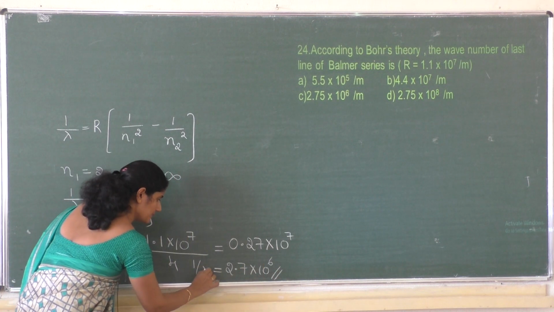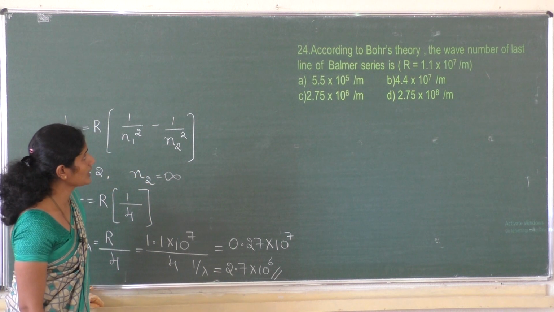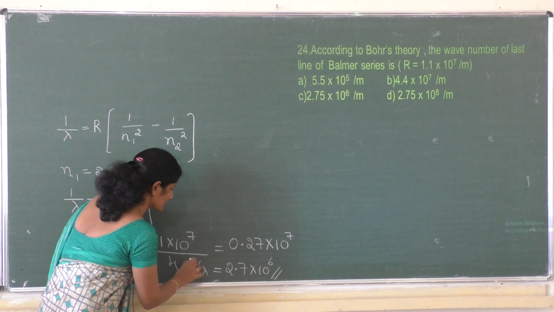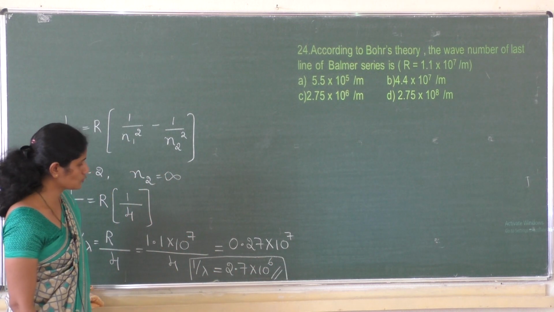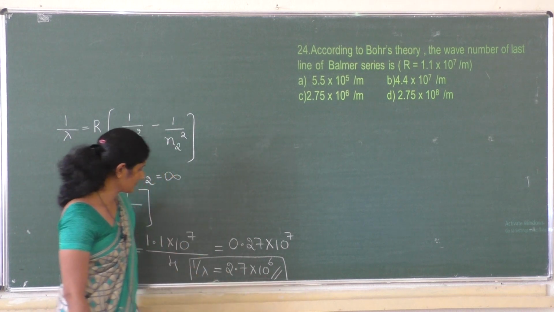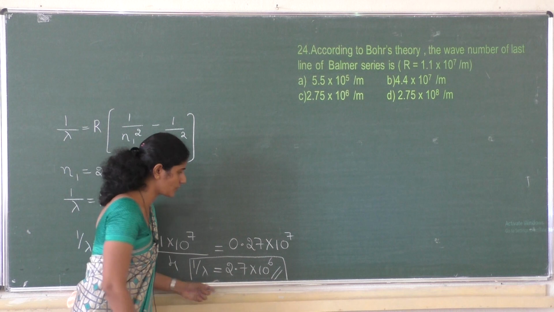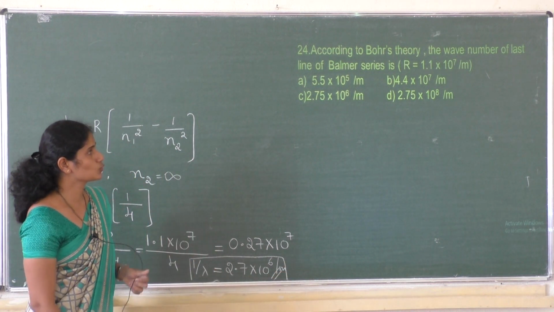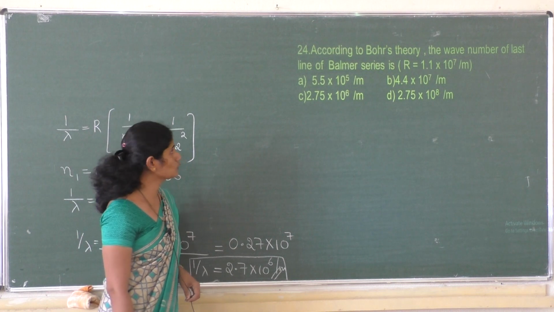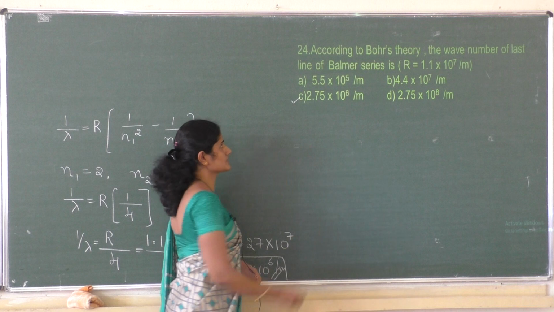So 1 by lambda, the wave number of the last line of Balmer series, is 2.7 into 10 to the power 6. The SI unit of wavelength is meter, so the unit of 1 by lambda is per meter. So the correct answer is 2.75 into 10 to the power 6 per meter, that is option C.